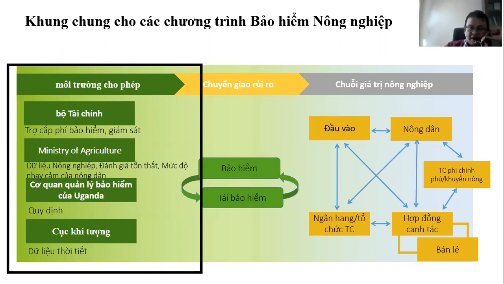The insurance regulatory authority would have a very key role to play in terms of the regulation of the different insurance products. And the meteorological department would also have a role to play in terms of provision of weather data, for example. So there's a role that many of the government stakeholders have in order to create an enabling environment.